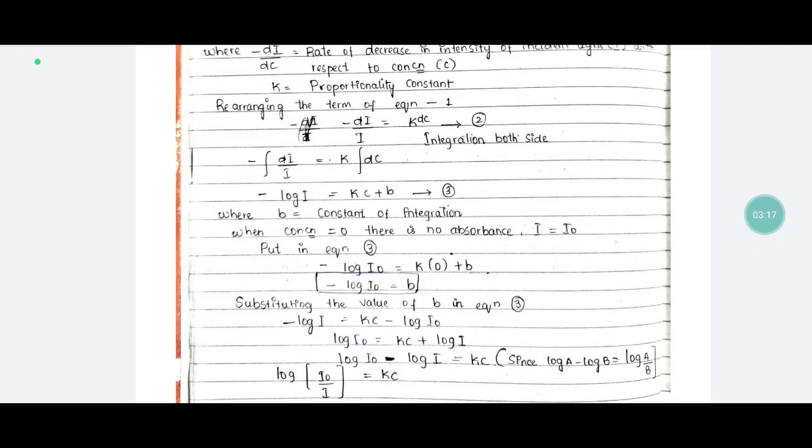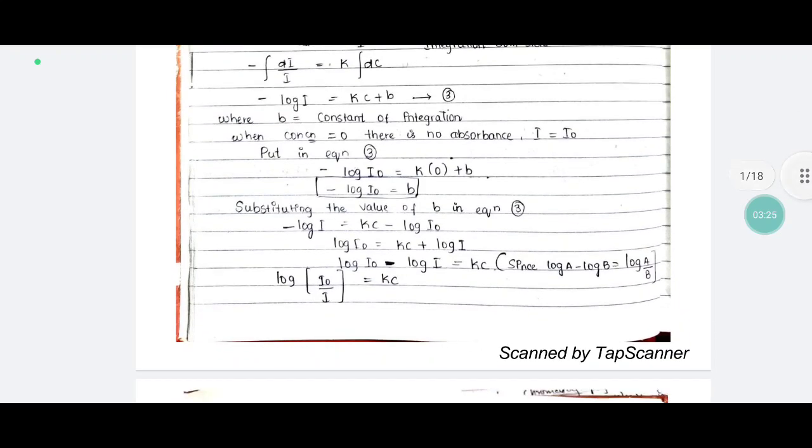So the log I naught will come to the right side and the log I will move to the left, whereas log I naught minus log I is equal to kC.